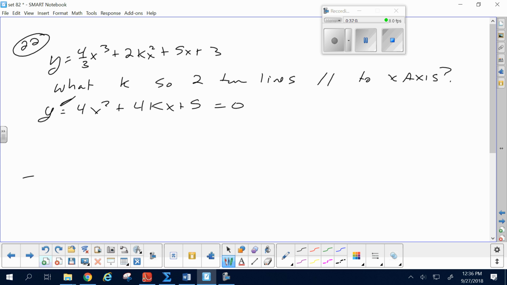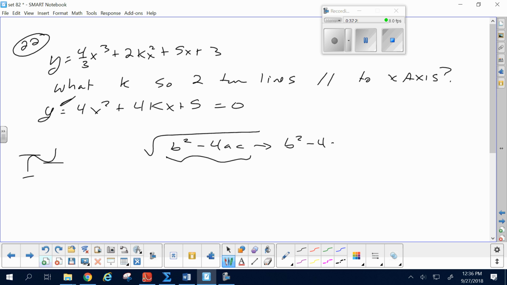It can have two real answers, one real answer, or two imaginary answers. If you want two real places where the cubic has horizontal tangents, then you need to look at the part of the quadratic where the imaginaries come from, the root b squared minus 4ac. That must come out positive in order for there to be two real solutions.